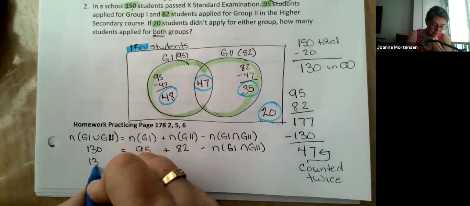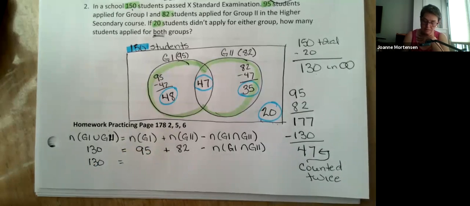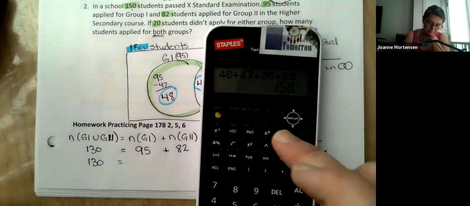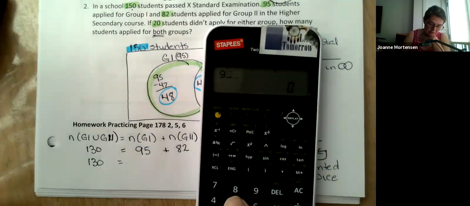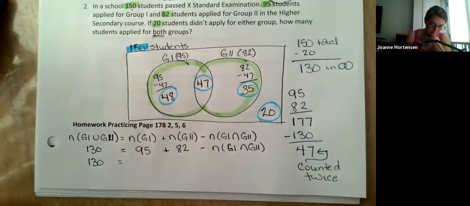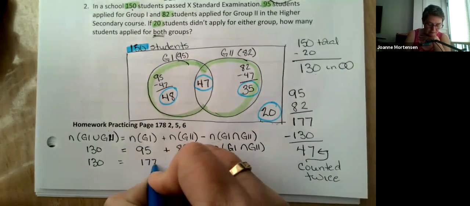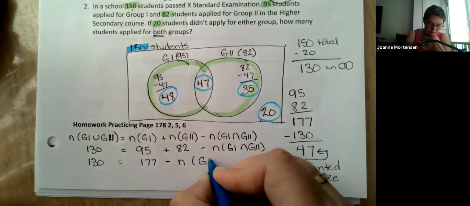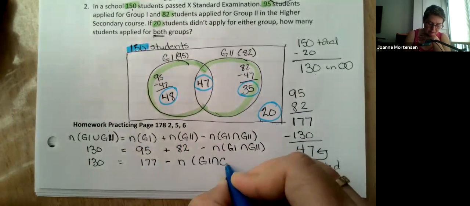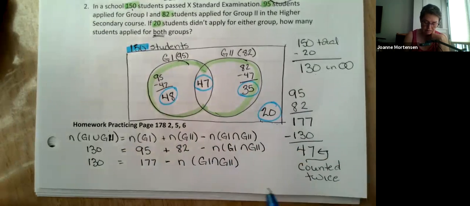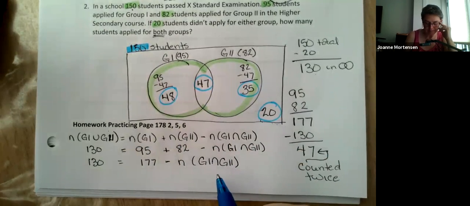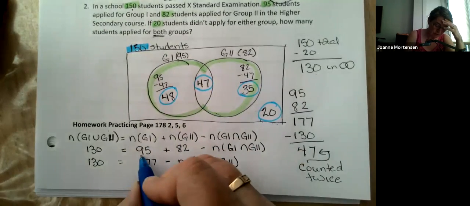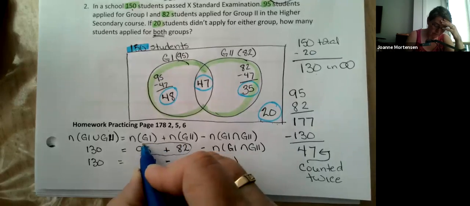So 130 equal to 95 plus 82, that's 177, minus the number in G1 and G2. So that's my overlap.